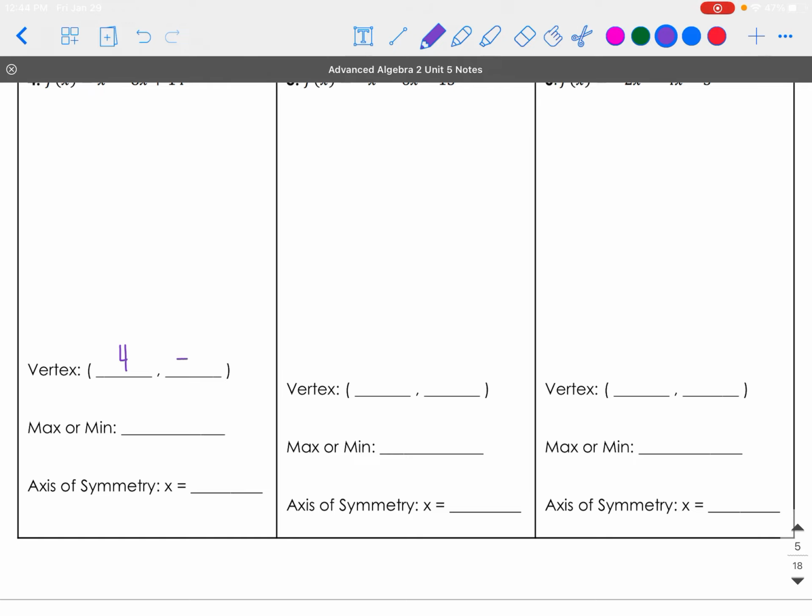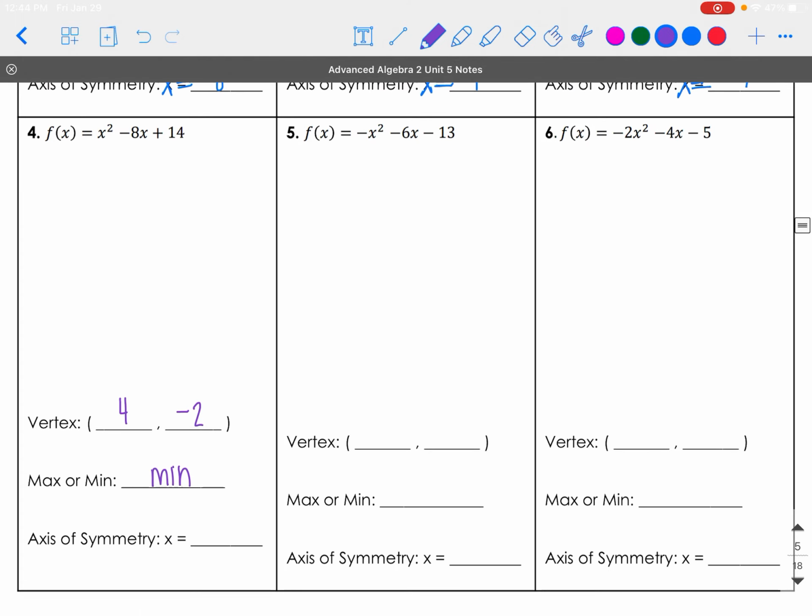So number 4, you should have got 4, negative 2. It's a minimum. And the axis of symmetry is x equals 4. Number 5, you should get negative 3, negative 4. It's a max.